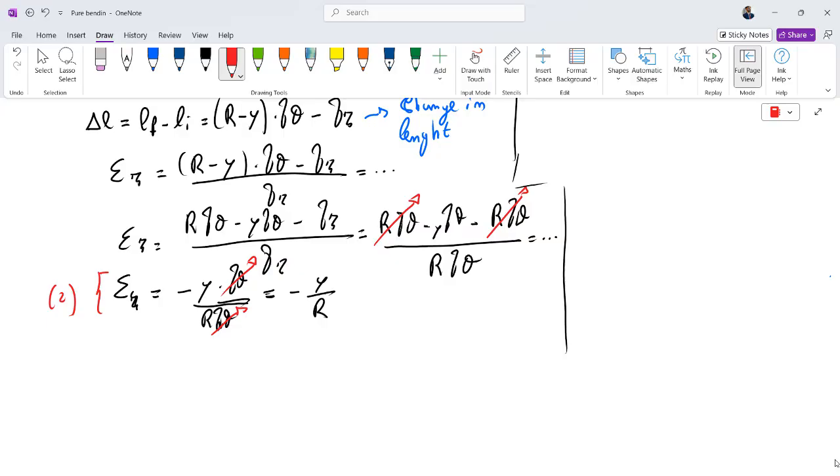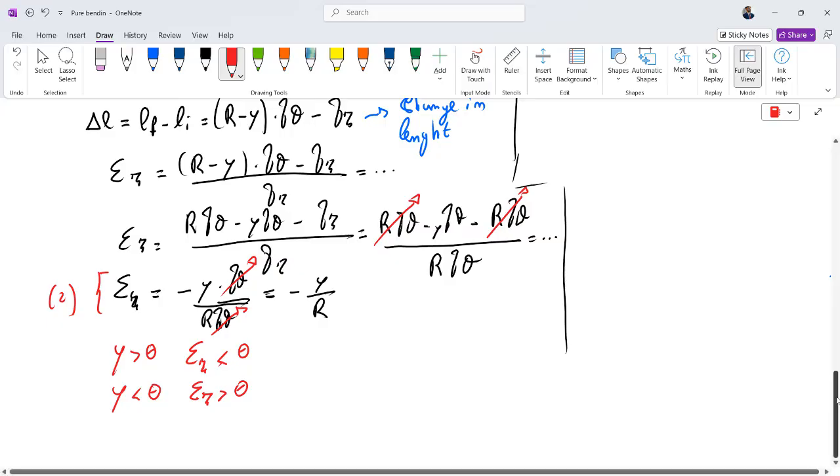So if y is greater than 0, epsilon z is less than 0. When y is less than 0, epsilon z is greater than 0.